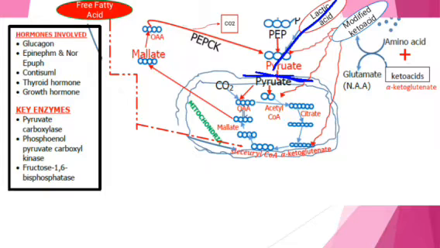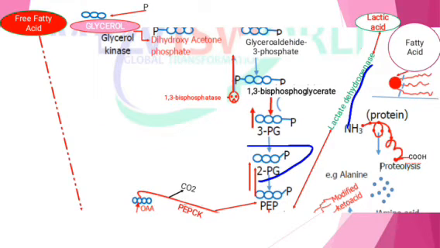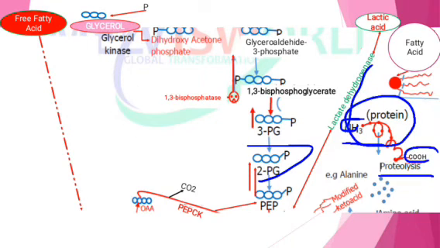Now, let's take a look at this protein molecule. This is the amine group. This is the carboxyl group. Proteolysis is the breaking down of proteins into amino acids. An example of a gluconeogenic amino acid is alanine.